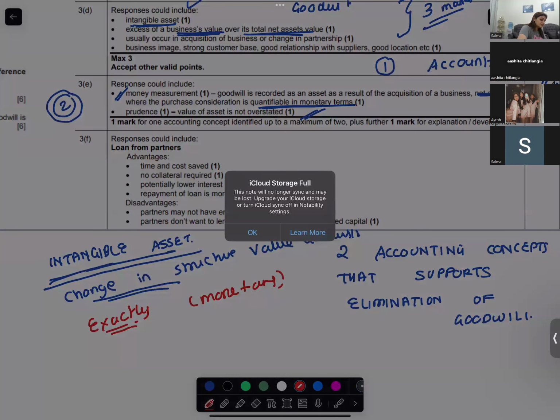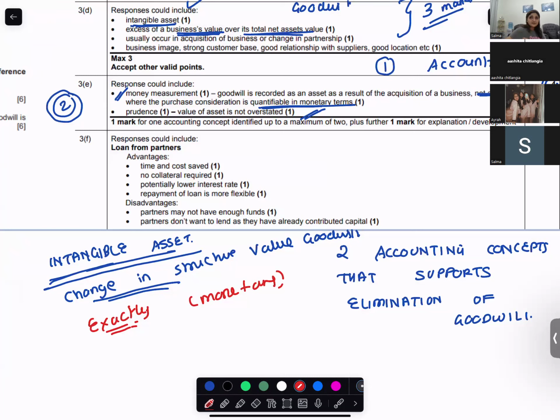Because it does not have an actual monetary value. And our accounting concept, the money measurement concept, tells us that anything that cannot be quantified in terms of money should not be recorded in the books. So goodwill does not have an exact quantified value.